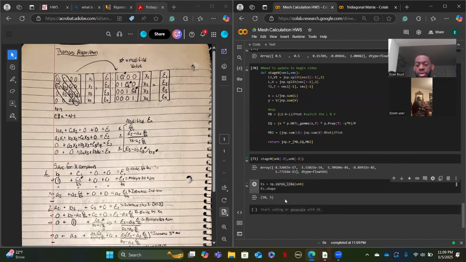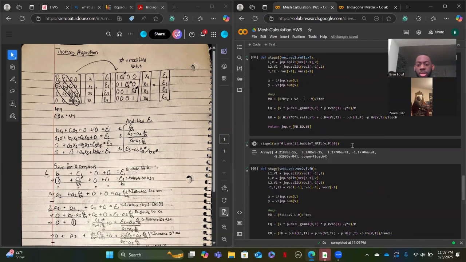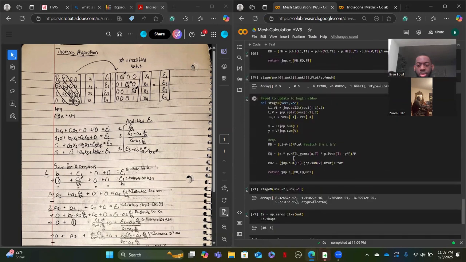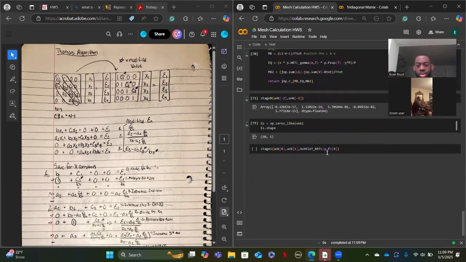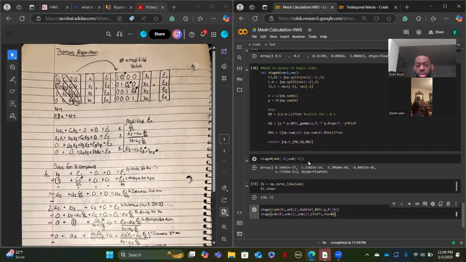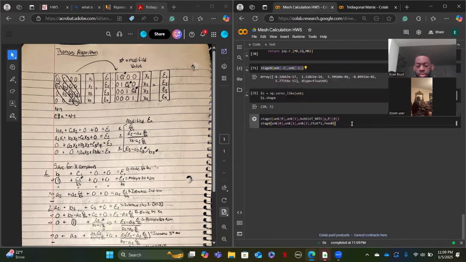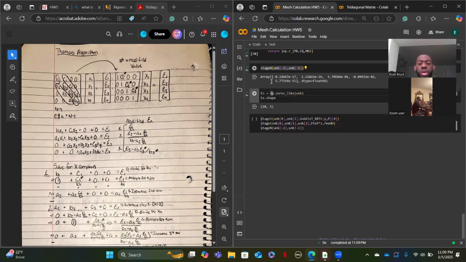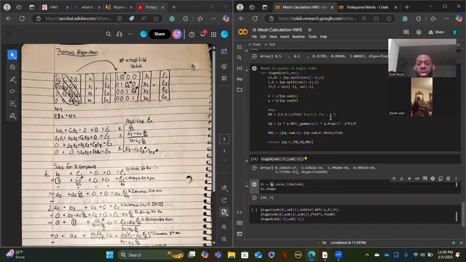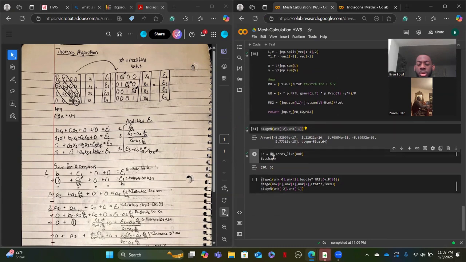The nice thing is we're actually just taking all of these. Basically, we want to plug what we have for our matrices for our unknowns into our E's.